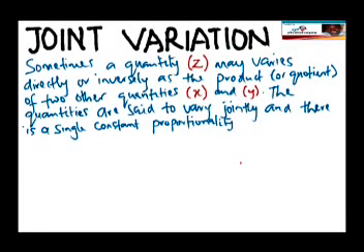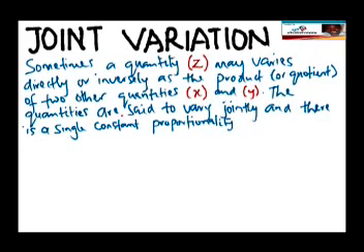Let's look at joint variation in this case, and we may look at what is stated here. It says sometimes a quantity z may vary directly or inversely as the products or quotients of two other quantities x and y.